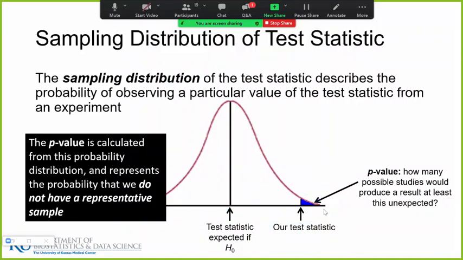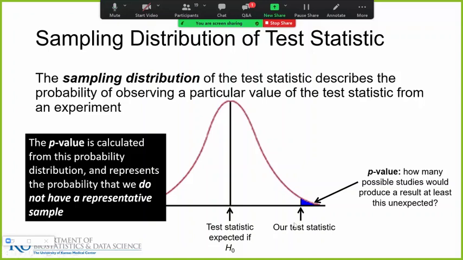The p-value is a probability that's calculated from this distribution, and it represents essentially the probability that the sample we actually have is not accurately representing the truth that there is no association. Let me say that again. The p-value, you can think of it as the observed risk of a type 1 error.